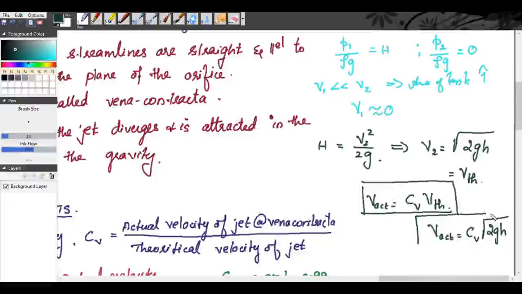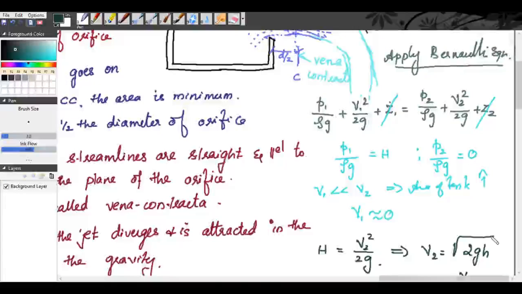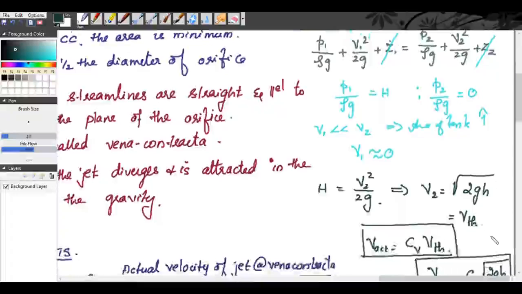The formula is the same. Note that it is capital H, not small h.